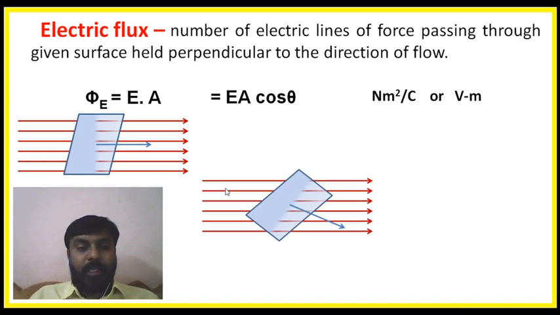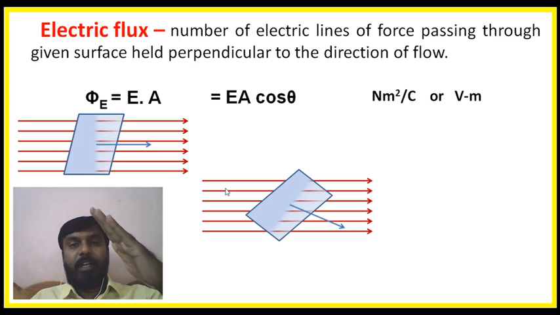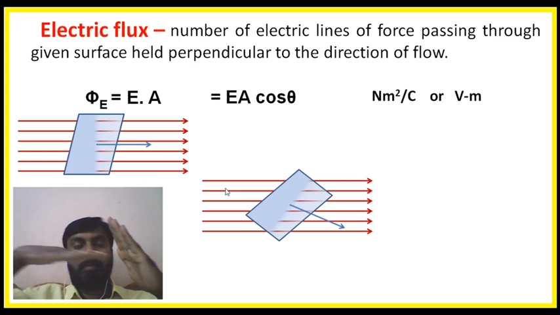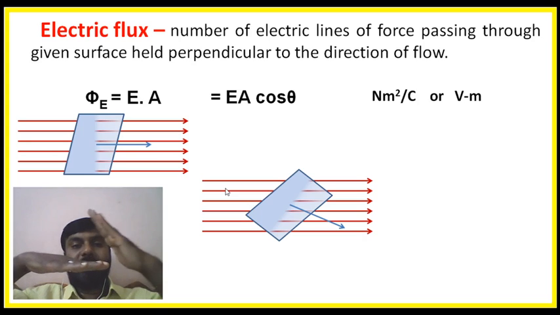Now let us see another case where the surface area is rotated to some angle. Let us suppose that this is the electric field direction. My right hand is denoting electric field direction, whereas my left hand is denoting the surface area element.